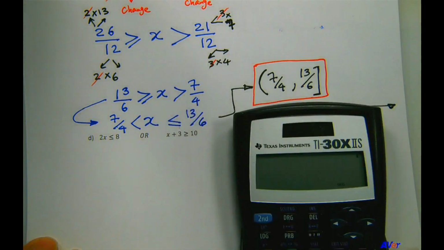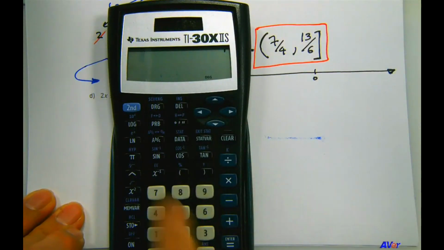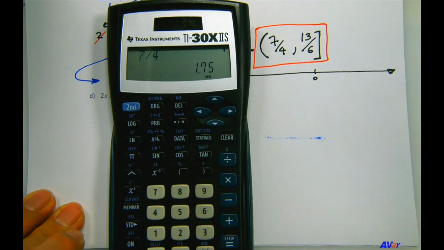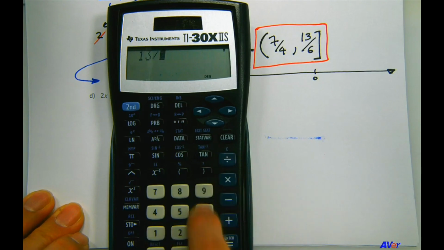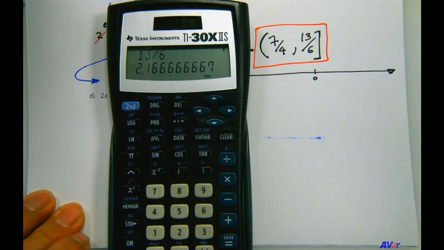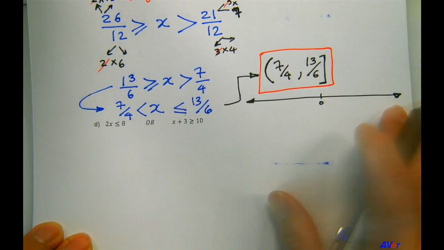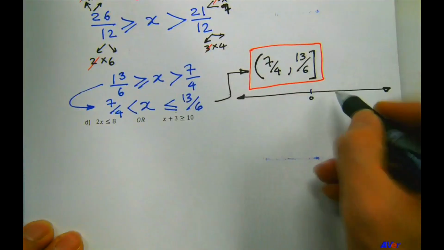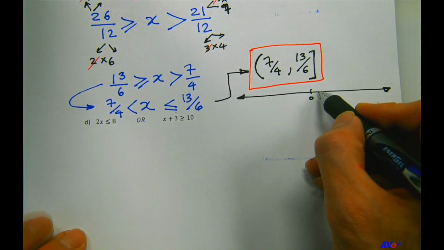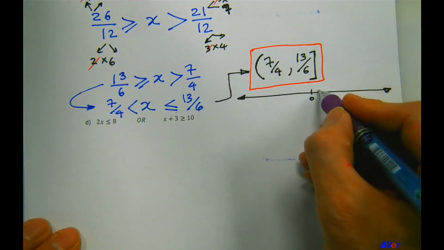So let's do a quick check with the decimal values, right? 7 over 4 is 1.75, so less than 2. And then 13 divided by 6 is 2 point something. So that gives a rough idea what those numbers are.